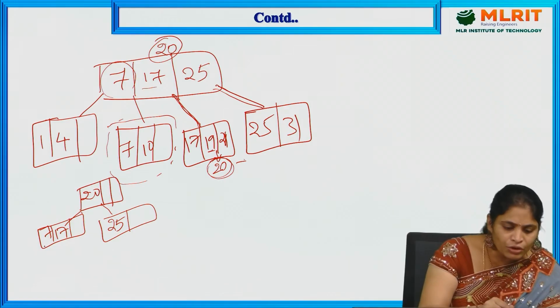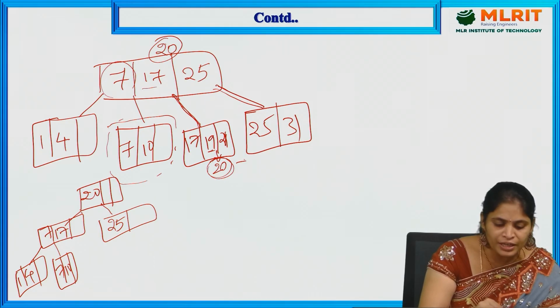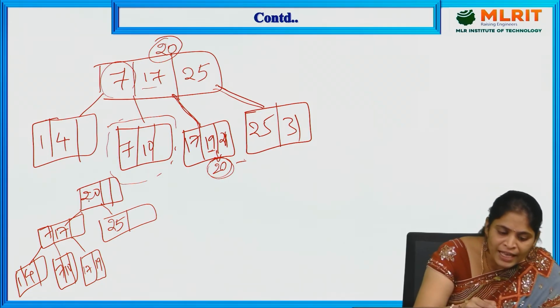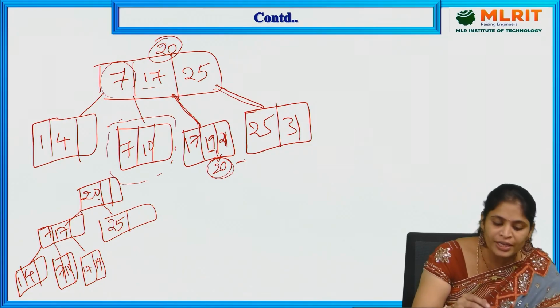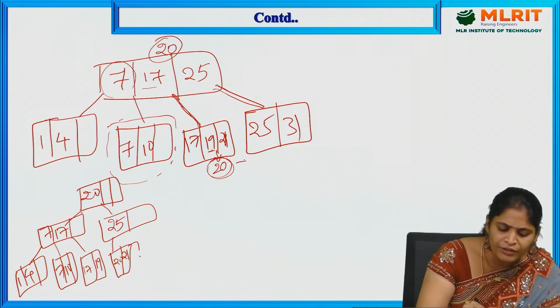So to the left of 7, here I can give 1, 4. To the right of 7, here I can represent 7, 10. And to the right of 17, here I can insert 17 and 19. Now, as 20 is the root node, to the left of 25 I should insert 20 and 21.